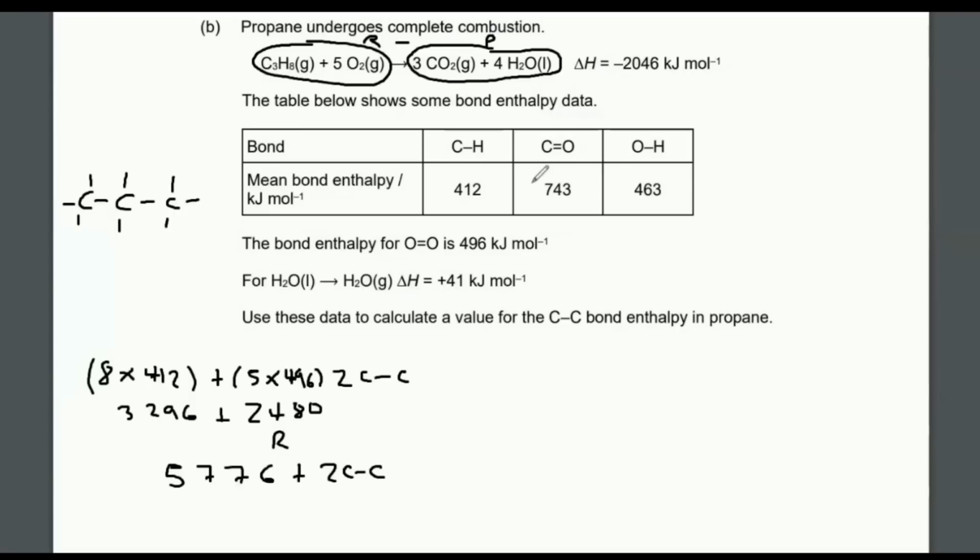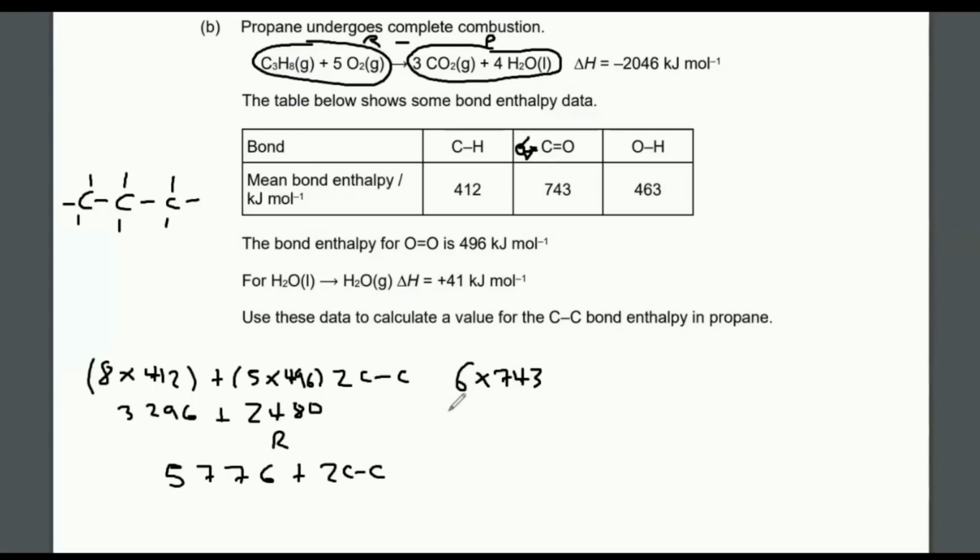So I've got 743 for carbon dioxide, but obviously carbon dioxide has 2 CO bonds within it. So I want 6 times 743, because we've got 3 carbon dioxide molecules, each one with 2 CO bonds.